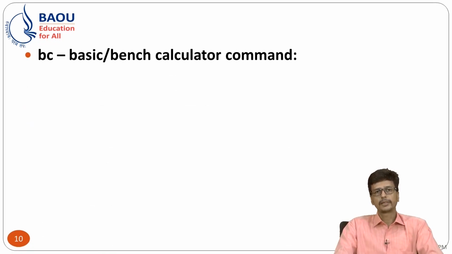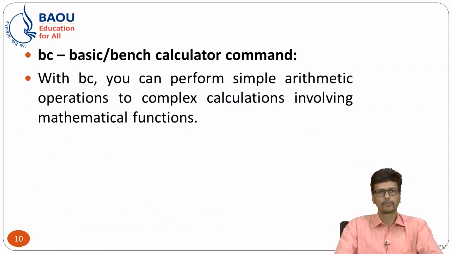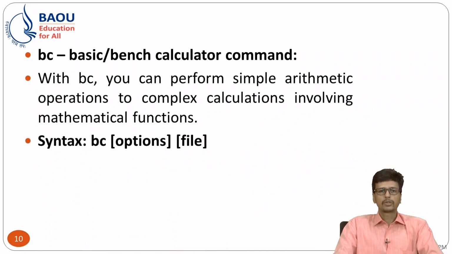The bc command is used as a basic calculator. You can say it is the bench command also. If you want to perform simple or complex arithmetic calculations, you can use this bc command in a Linux or Unix based operating system. The syntax is bc, then options, and then the file.